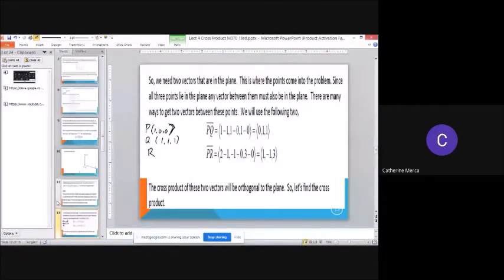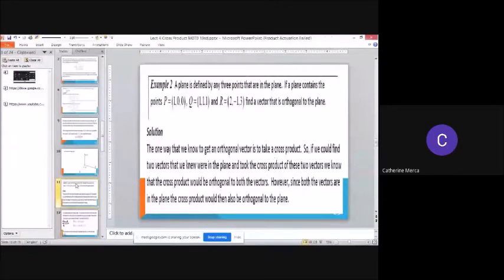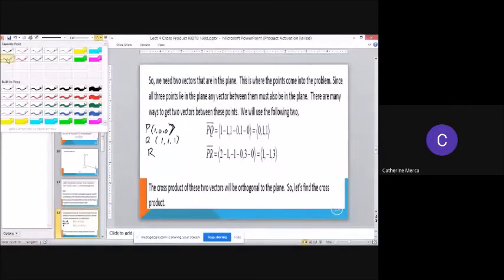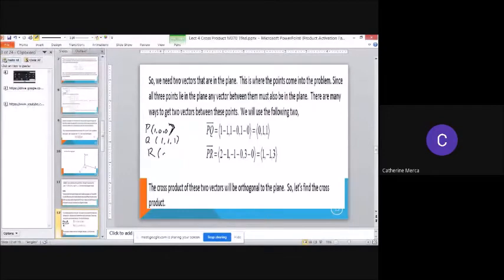Correct. R is 2, negative 1, 3. So your PR will now be, this is a vector na. That's 2 minus 1, negative 1 minus 0, and 3 minus 0.